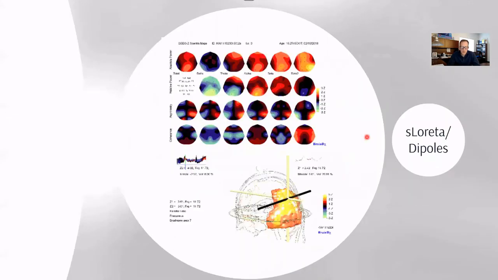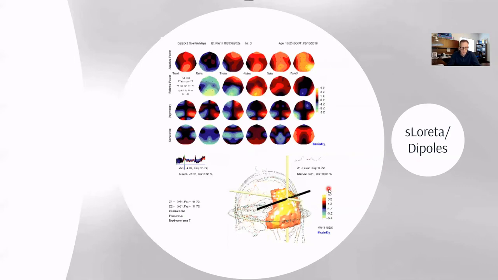This is her typical QEEG mapping that did in fact show some beta over the back of the brain and the right parietal temporal area as well. Her sLORETA, interestingly, was more on the left side, but also in the parietal region.